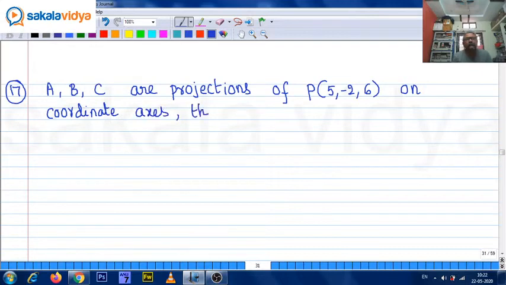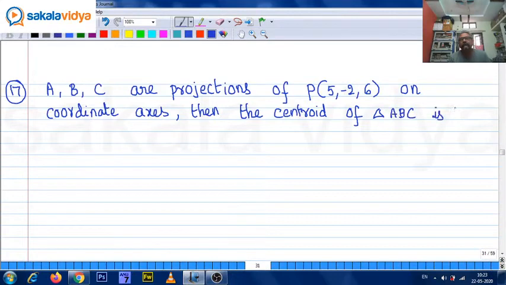Then the centroid of triangle ABC is... okay, might be no problem. First option: 10/3, -4/3, 4.